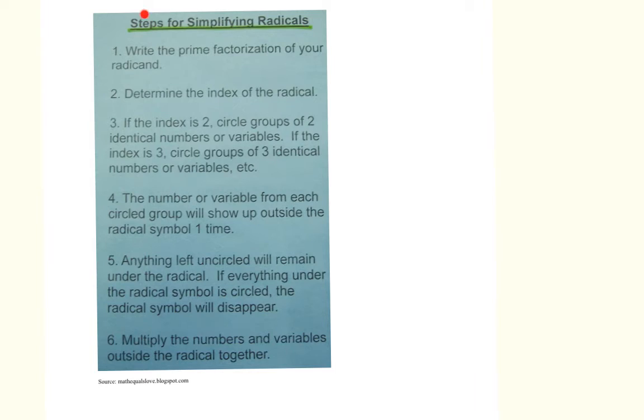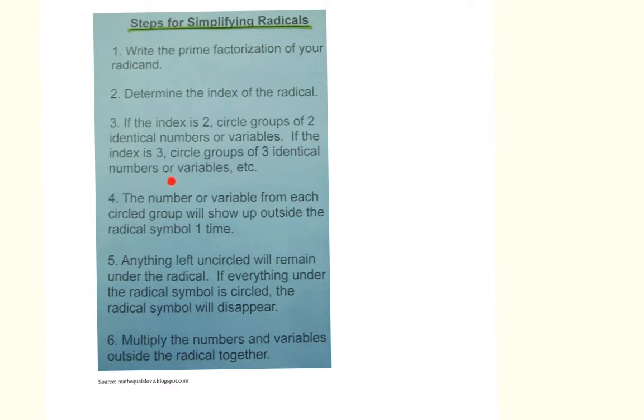These are the steps for simplifying radicals. I will be going through these steps and showing you examples of them in these problems. For right now, go ahead and pause this and make sure that you have these in your notes. Step 1 is write the prime factorization of your radicand, the number underneath the radical symbol. Look at the index of the radical. If the index is 2, circle groups of 2 identical numbers or variables.